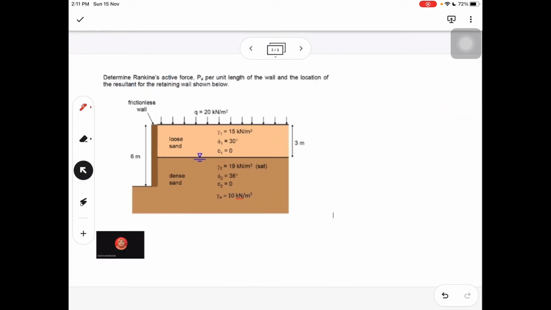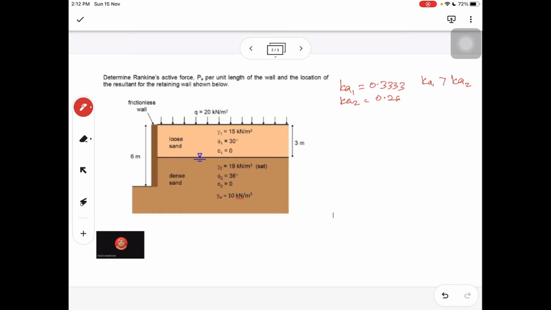Now I'm going to show you how to sketch the lateral earth pressure diagram behind the wall. Just now we know that Ka1 equals 0.3333 and Ka2 equals 0.26, so Ka1 is larger than Ka2.